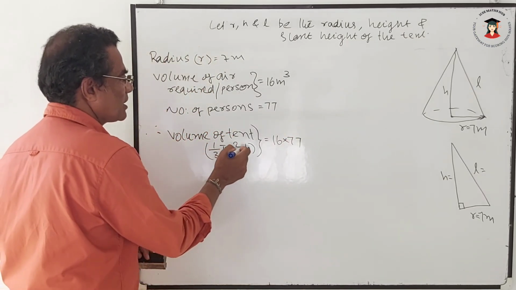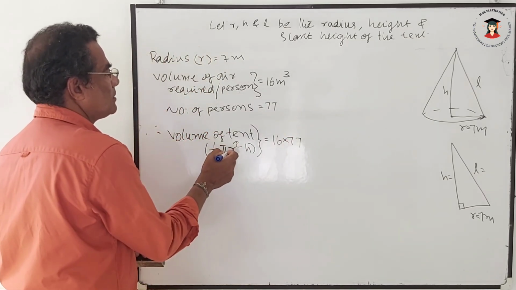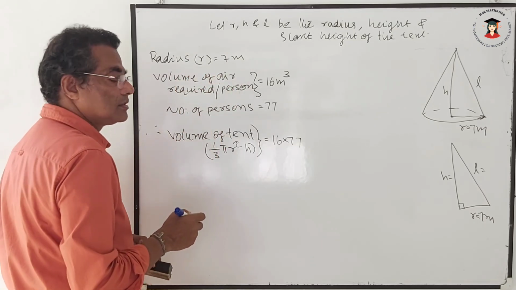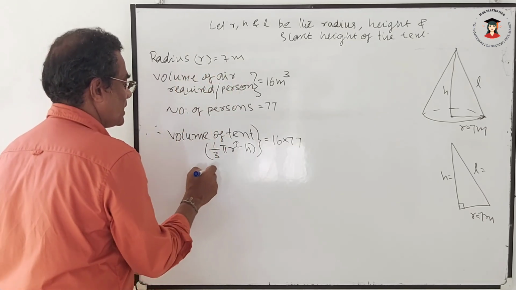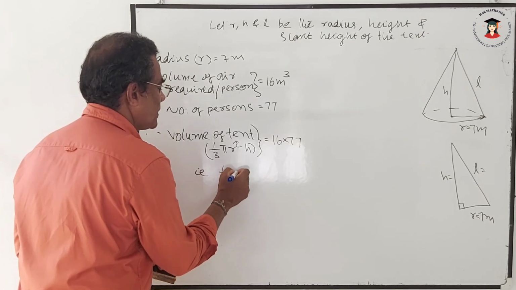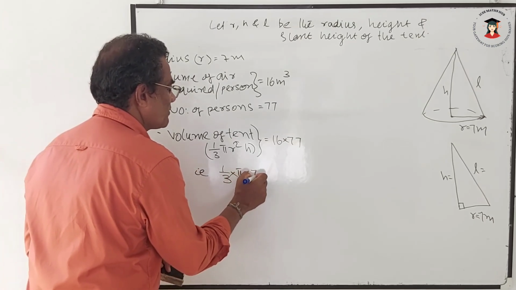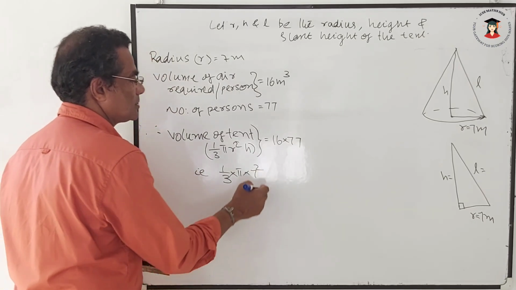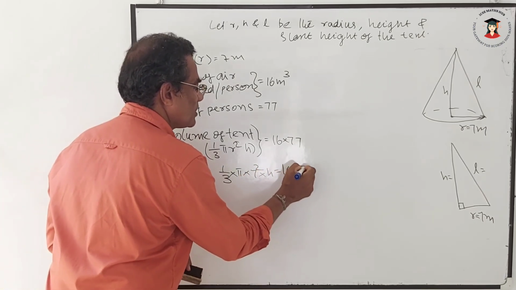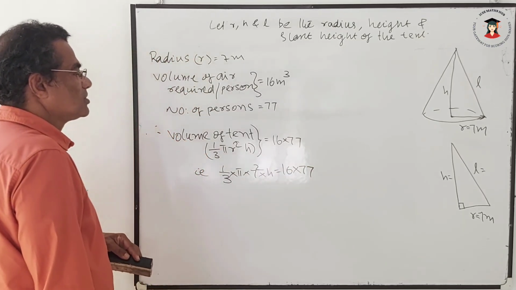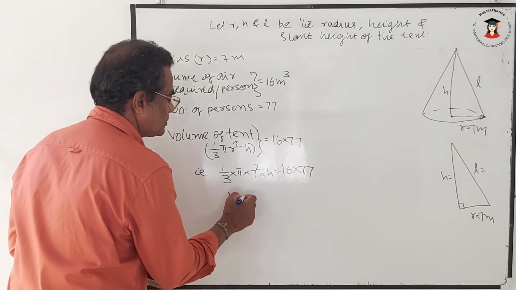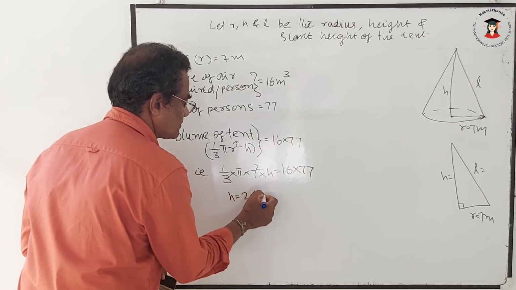In this equation, we will substitute r as 7 meter, that is 1/3 into pi into 7 square instead of r square into h equal to 16 into 77. On simplification this will give h equal to 24 meter.